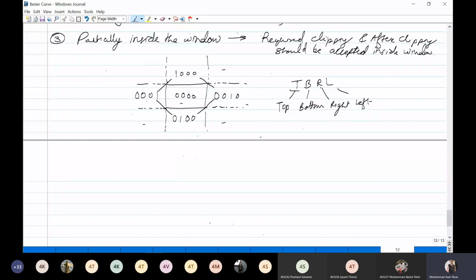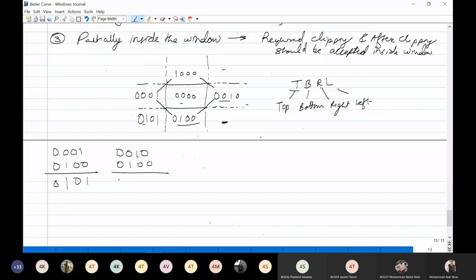I will write down here how you can apply the OR: 001 and this one is 0100. So you will get 0101. Write down that answer over here, 0101. Okay. Similarly, OR of this for this position, 0010 and 0100, this one and this one I used, and you can get 0110.